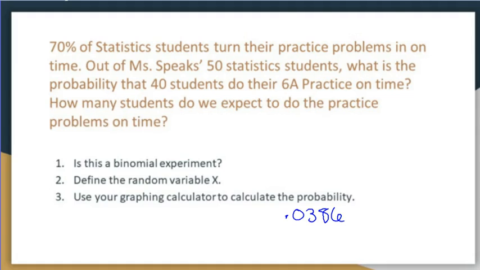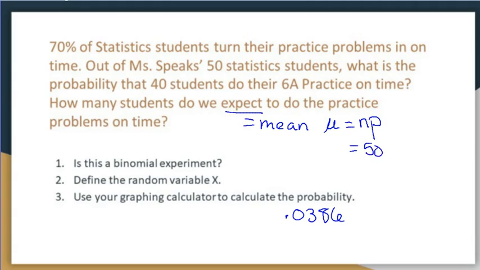And then the second question, how many students do we expect to do the practice problems on time? Remember last time we talked about the word expected value. That's the mean. All right, so expected value is the same as the mean, and your formula for mean was n times p.